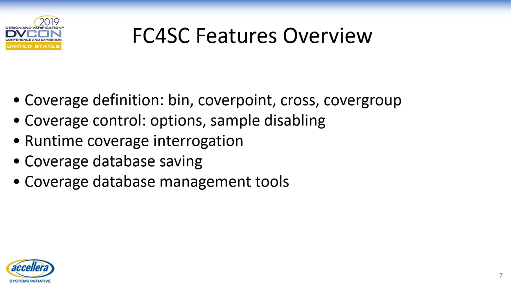And then we have some coverage control functionalities, which you can use to adjust your coverage numbers or disable sampling. We'll look at that also. And then we also have interrogation of the coverage database during runtime, to check during the test execution, not only when you have the results, what is the status of my coverage. Also, various functionality involving coverage database management that we will look at in the next slides.